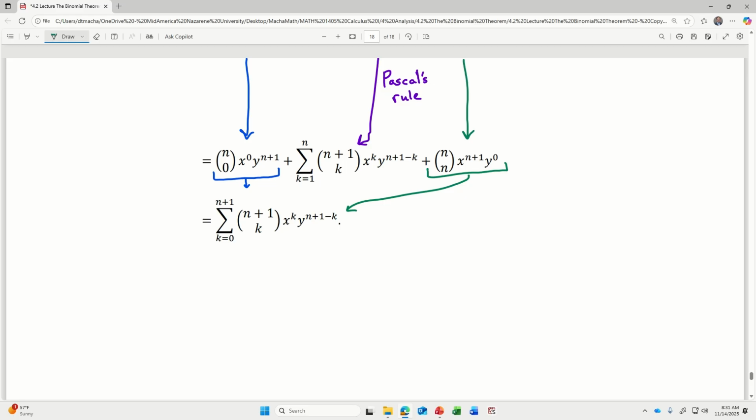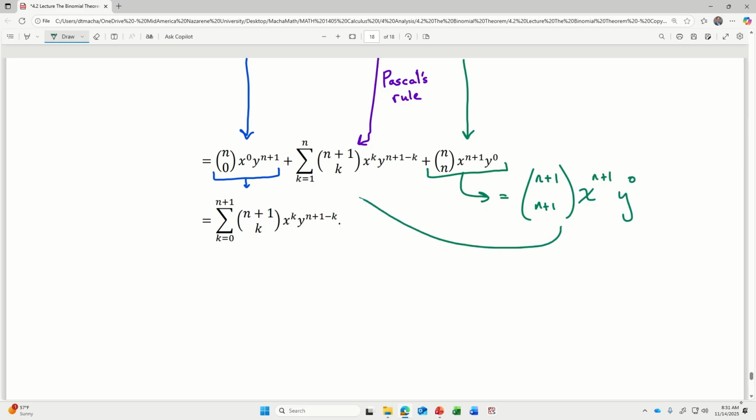And if that's hard to see, it's because this is actually equal to the same thing as n plus 1 choose n plus 1. If you want, because n choose n is 1, n plus 1 choose n plus 1 is 1. X to the power n plus 1, y to the power 0.